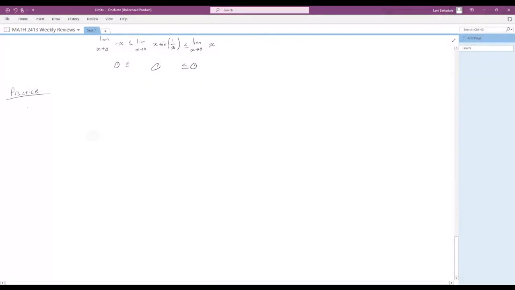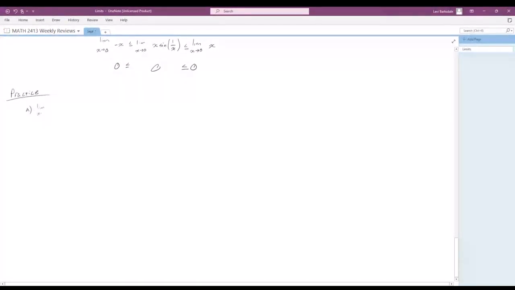Practice. The limit as x goes to 0 of sine of x cosine of 1 over x squared.